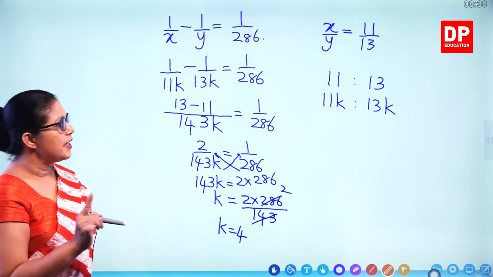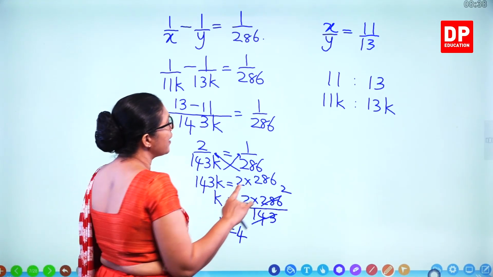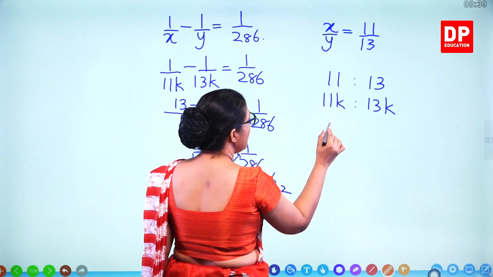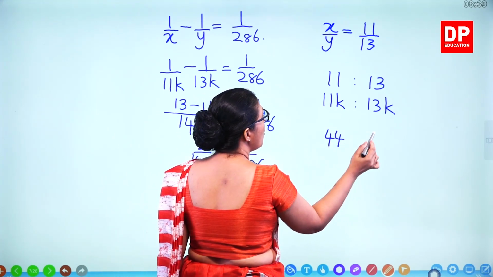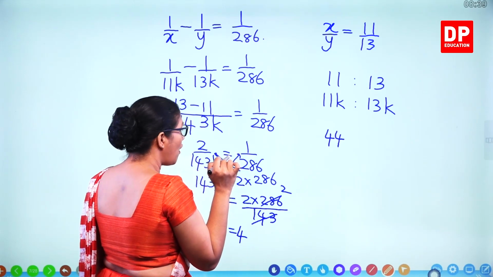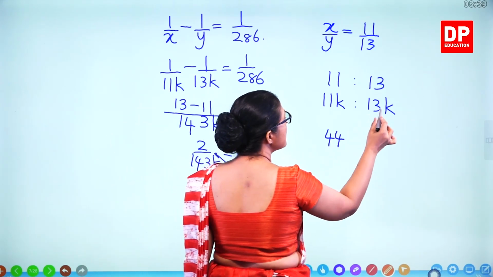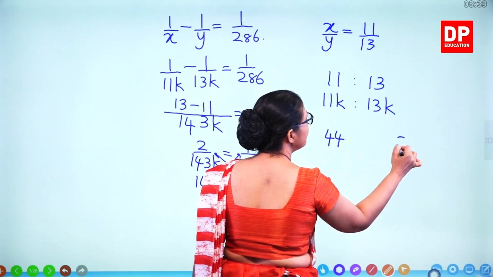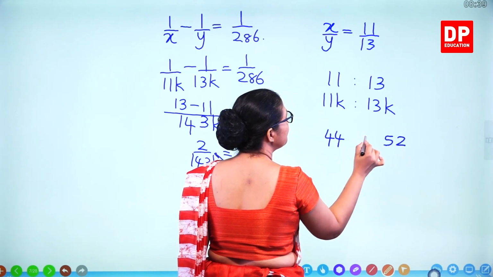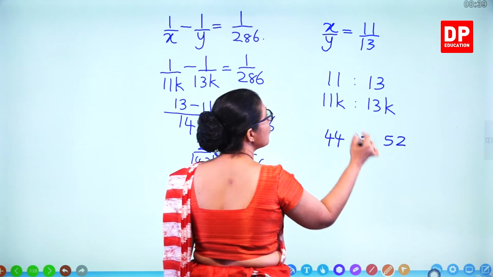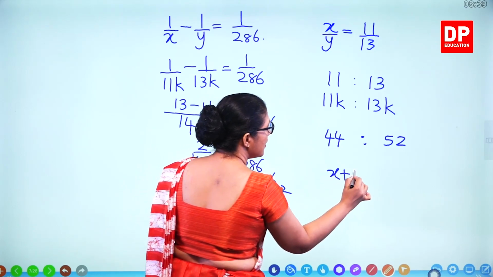K becomes 4 means, what's the actual value of x? 4 times 11, 44. What's the actual value of y? 4 times 13, 52. Now you can find out x plus y.